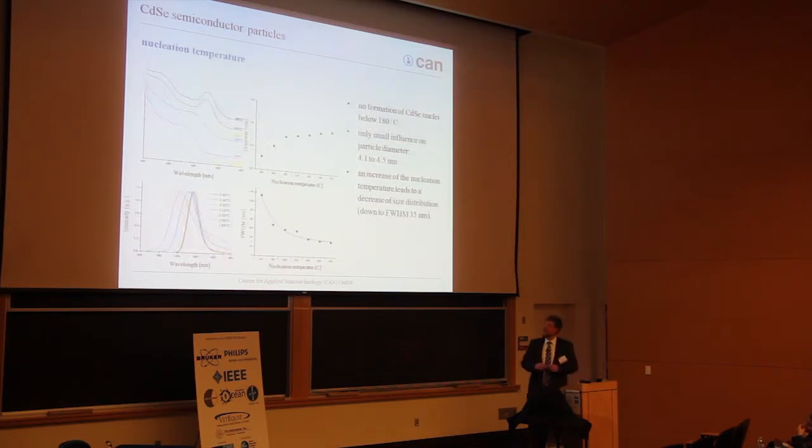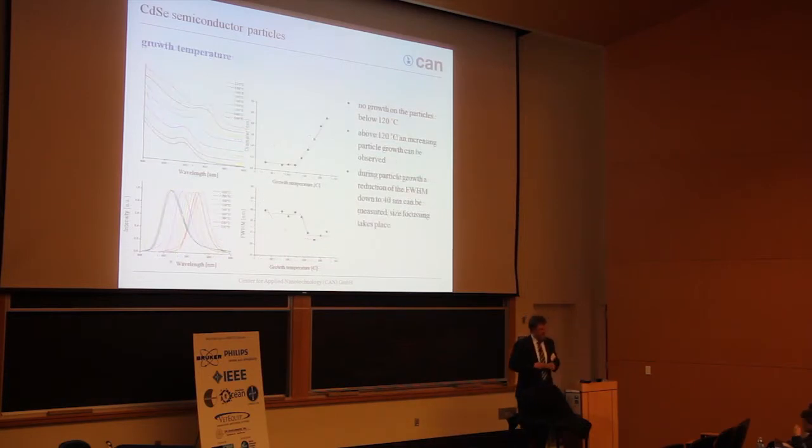On the other hand, if we change the nucleation temperature, there's only a tiny influence on the particle diameter, but there's a huge influence on the size distribution of the sample. So obviously, high nucleation temperatures lead to very good quality particles. And on the other side, the last influence factor I want to show you today is the growth temperature.